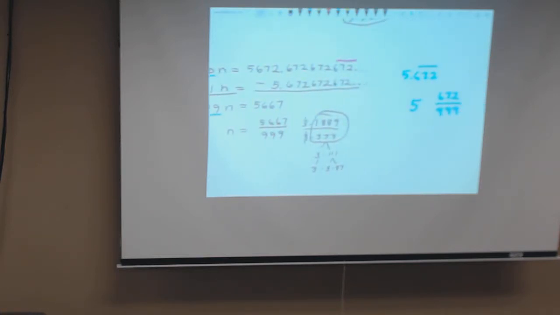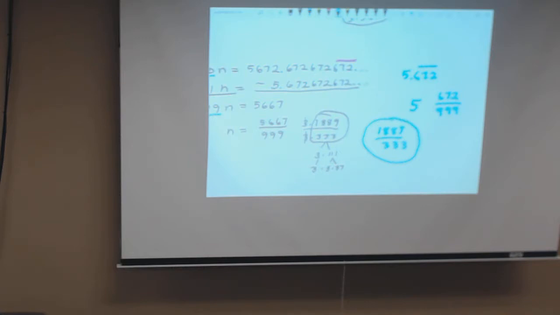What happens? 1,889 over 333. That's lowest terms. Yes. So all this messing around with trees didn't do me any good, did it? That's as far as you can go with it.